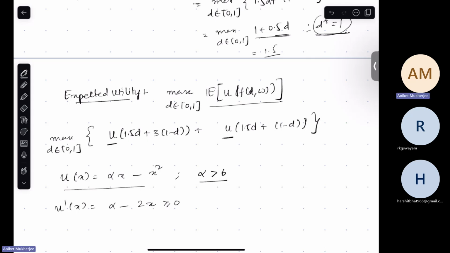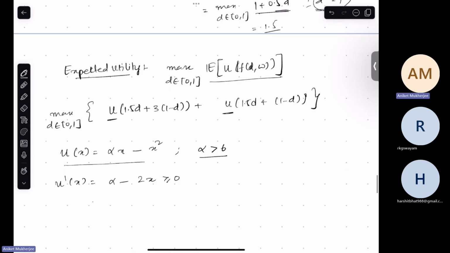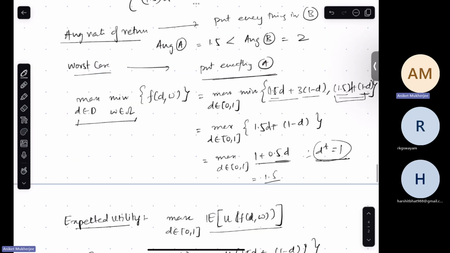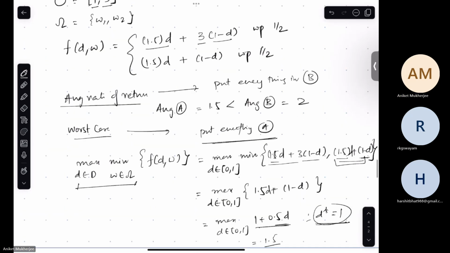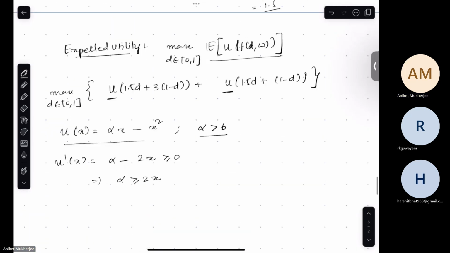This implies that alpha is greater than or equal to 2x. But I know that my outcomes can be at most 1 or 3, so alpha should be greater than or equal to 6. If it is equal, it will not be an increasing function, it will be a constant function. So I'll eliminate this equality here.